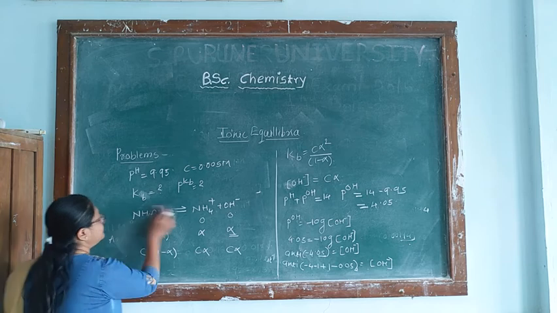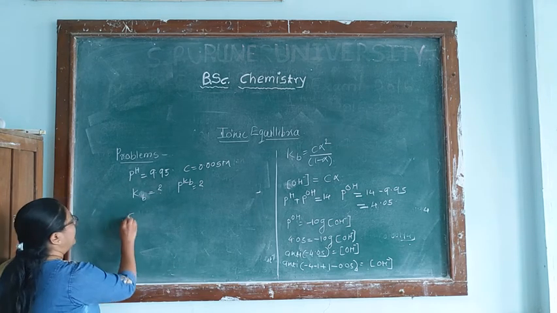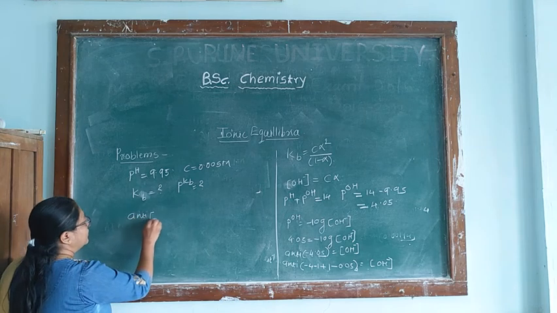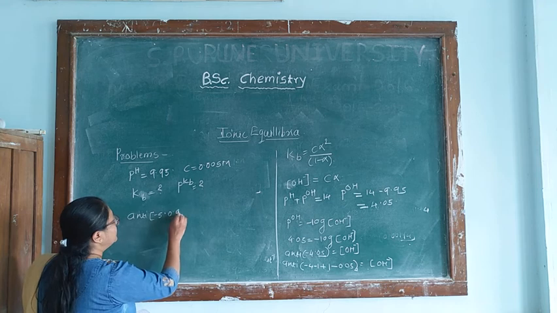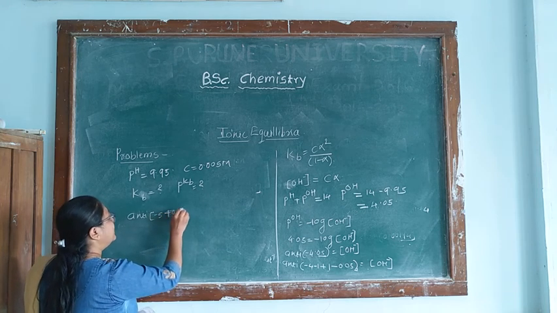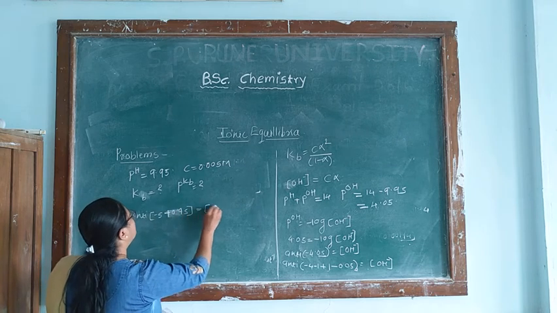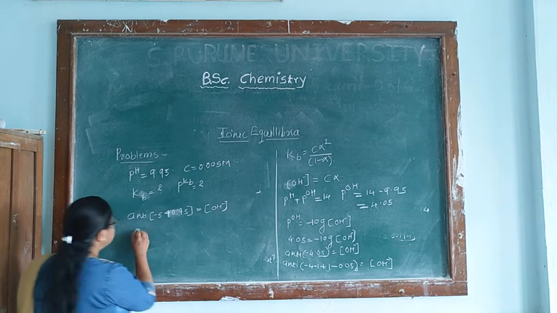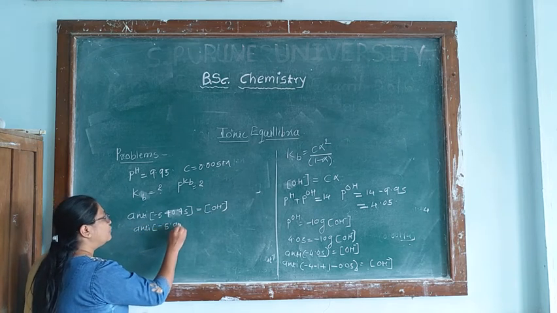Now, therefore, anti-log of minus 5 plus 0.95 is equal to OH minus ion concentration. That means you have to see anti-log of minus 5.95.